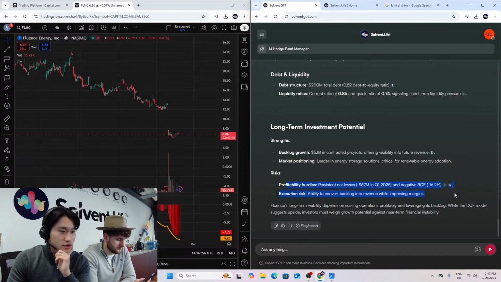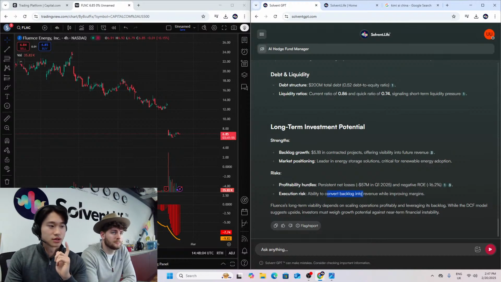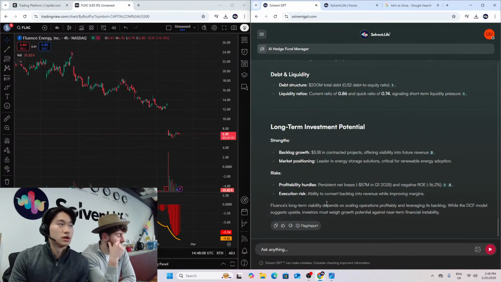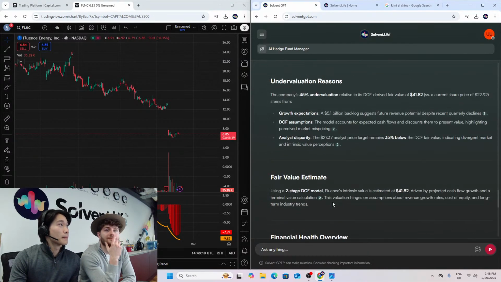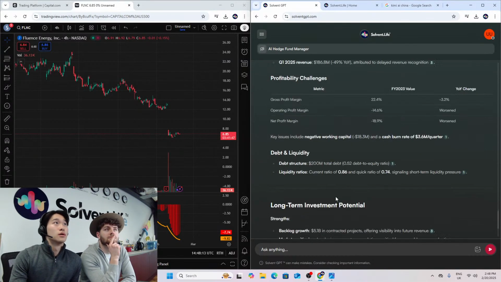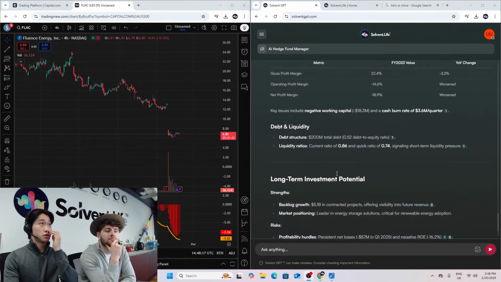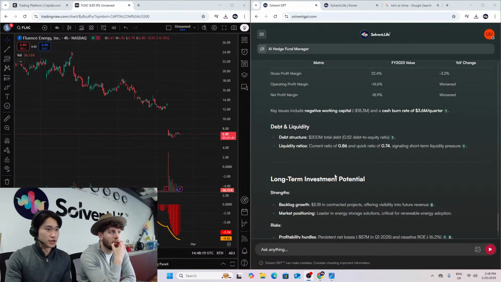So they've got some hurdles in their financial health. One hurdle with their execution is the ability to convert backlog into revenue while improving margins. This is definitely one that I would have a look at to invest in over a year.